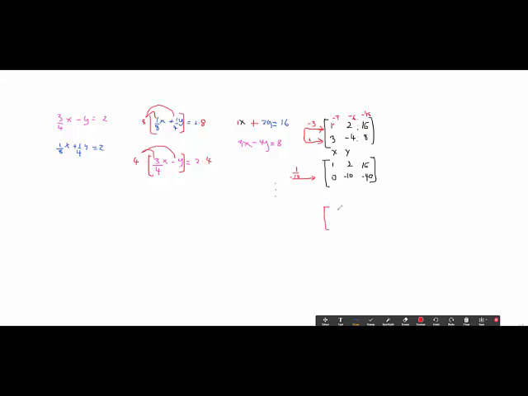Look at that. So what I end up having is 1, 2, 16, and then I have 0, and then 1, and then -40 divided by -10, which is 4. Do you see?